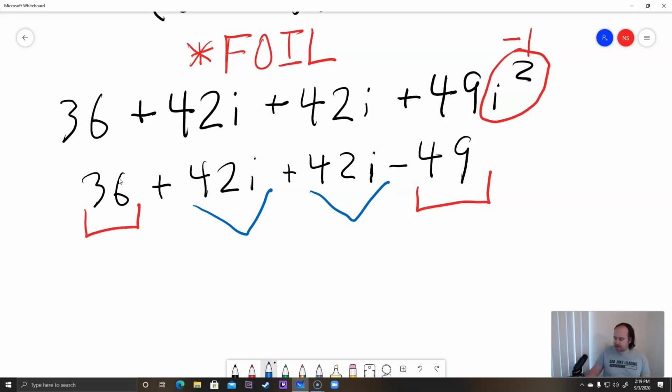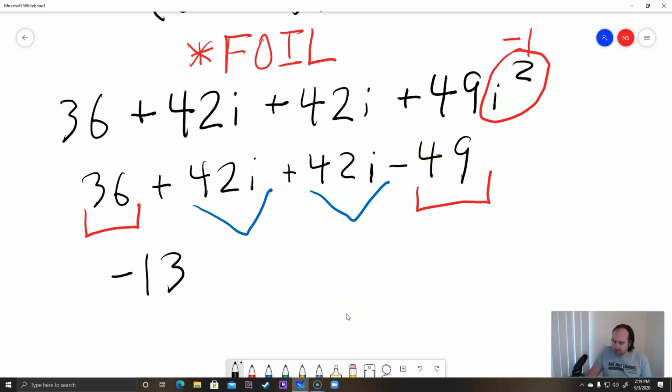So combining like terms here, we have 36 minus 49. Well, those are opposite signs, so we're going to be subtracting. And we know that 49 minus 36 is 13. But since the larger number was negative, it's going to be negative 13.